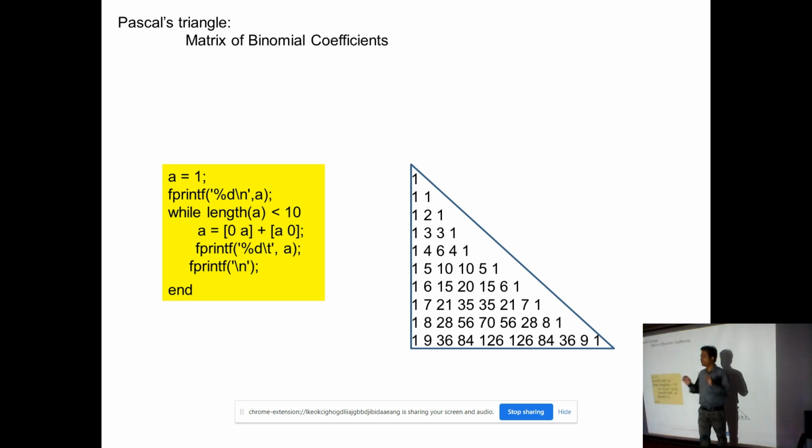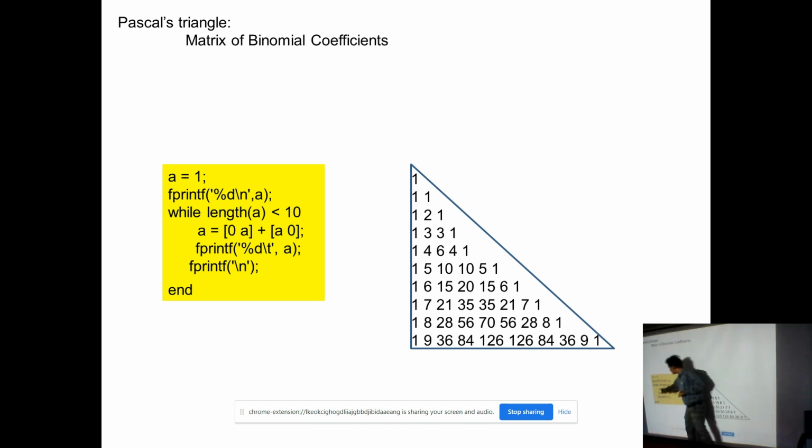Again, I am explaining to you. You understand? See, I started with a as 1. Simple logic. I made 0a plus a0, in the form of matrix addition, my next a. Initially started with a as 1. So 0, 1 plus 1, 0. If I add it, I will get 1, 1.